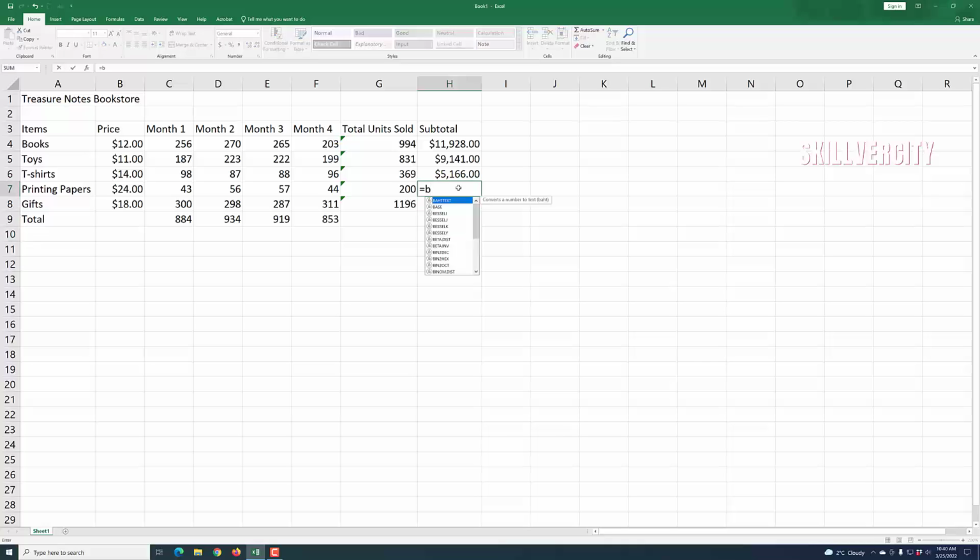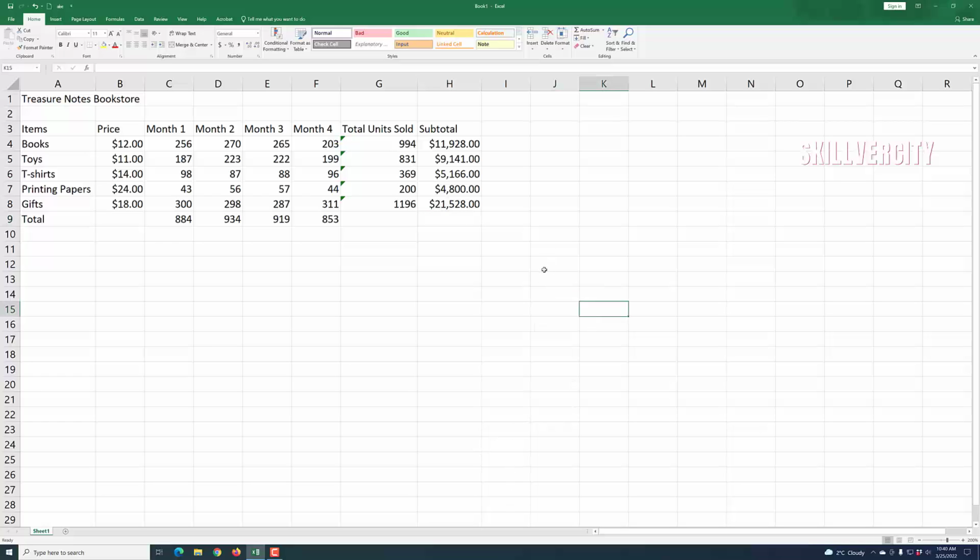B7 multiplied by G7. Plus sign, B8 multiplied by G8.